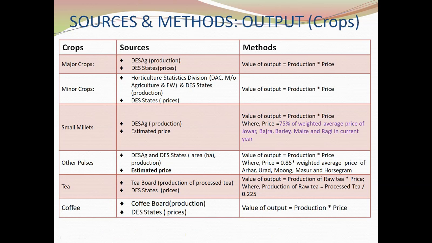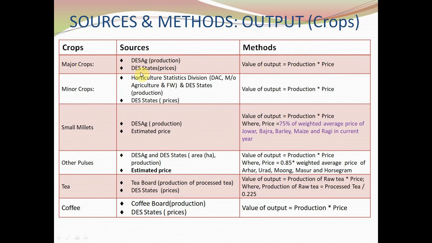Now, output, how we are calculating under crop sector. So major crops, main methodology is value of output is taken as production into price. The price may be original or estimated. Now, major crops, production data is available from Directorate of Economics and Statistics, Ministry of Agriculture and Farmers Welfare.